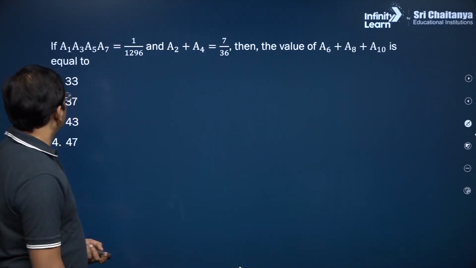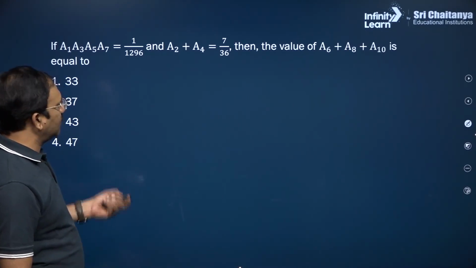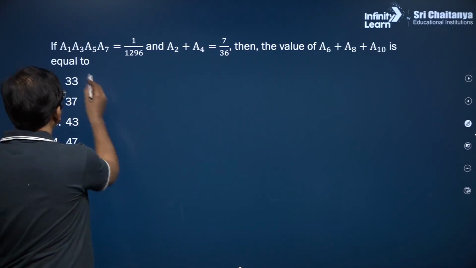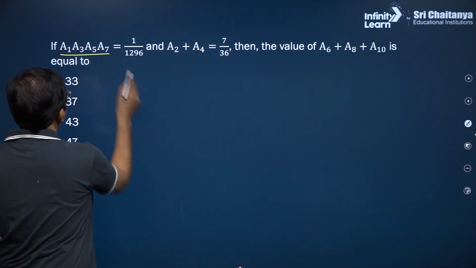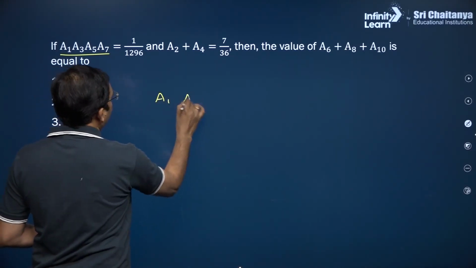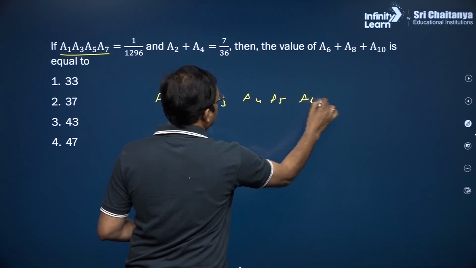So next, you see given A1, A2, A3, here some data is missing, given these are in GP, my dear friends. So here it is said these numbers are in GP. So we can say A1, A2, A3, A4, A5, A6, A7.